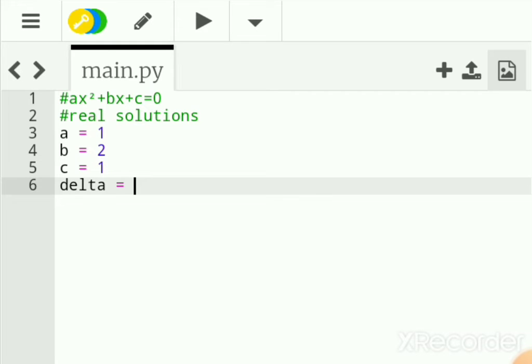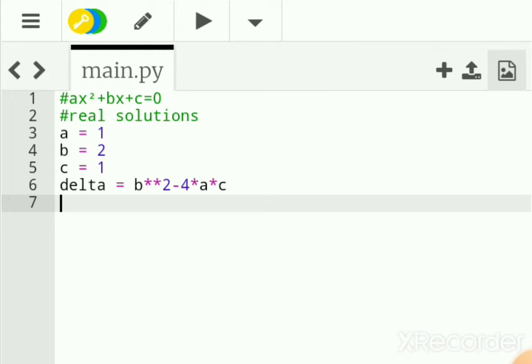In this case, delta is given by this formula, which is b to the power of 2 minus 4 times a times c. And after we calculate this delta, we have three types of solution.